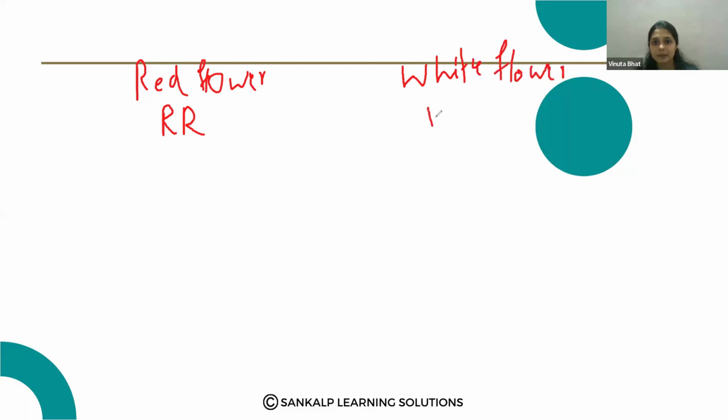Here red flower producing plant, that is capital R, crossed with white color flower producing plant, that is capital W. So when these are crossed, what are the red flower producing plant crossed with white color flower producing plant?